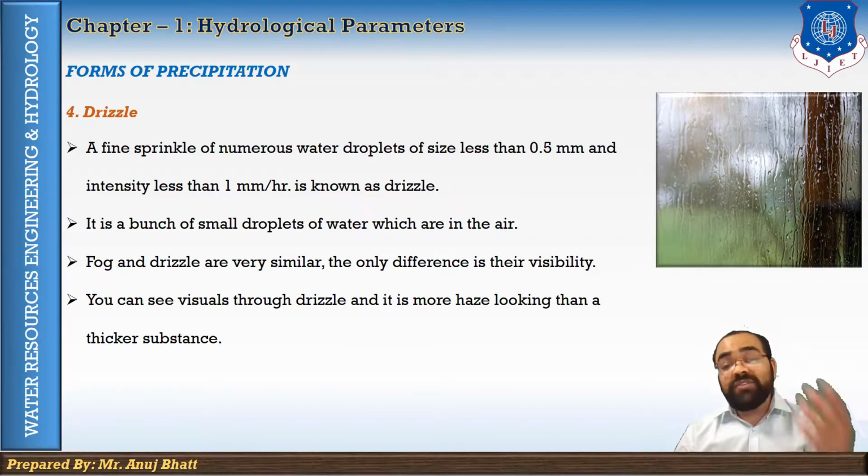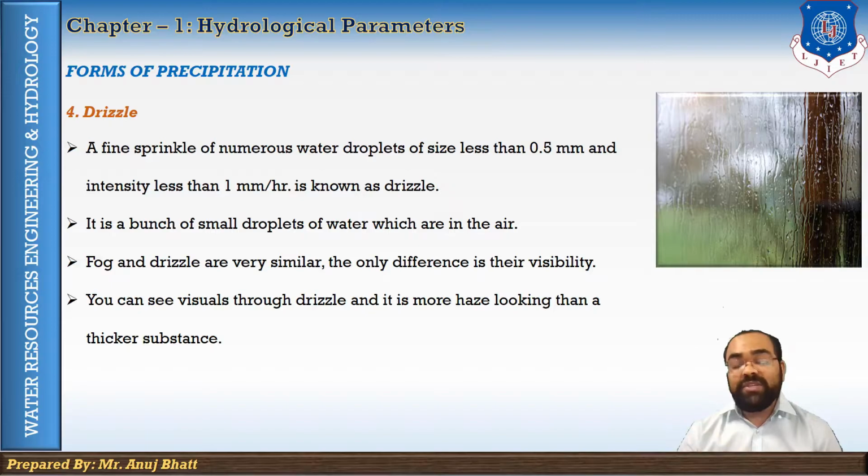So that is the major difference between fog and drizzle. Drizzle is more haze-looking than a thicker substance. You can see here the drizzle looks like a bunch of water particles spilling on a surface, which we generally observe on glass.